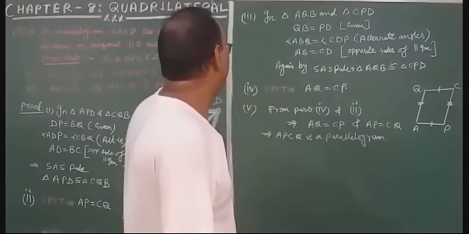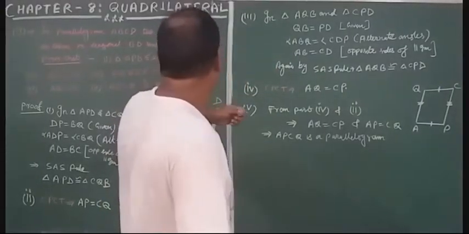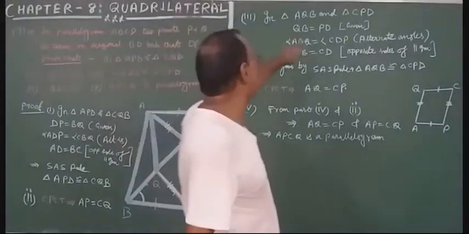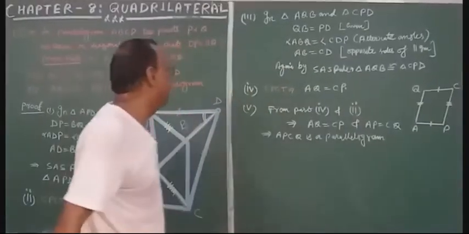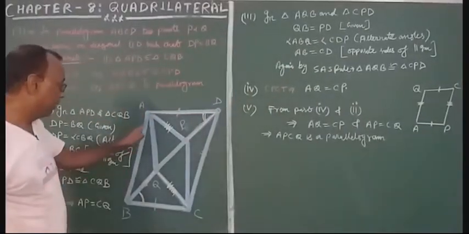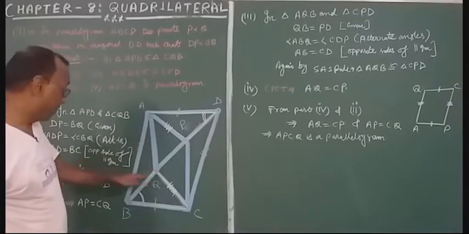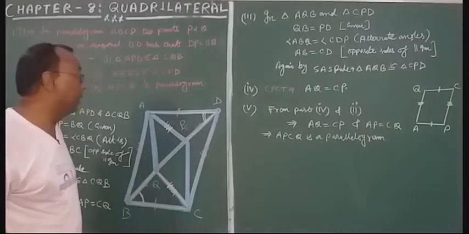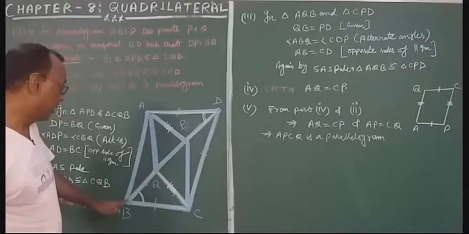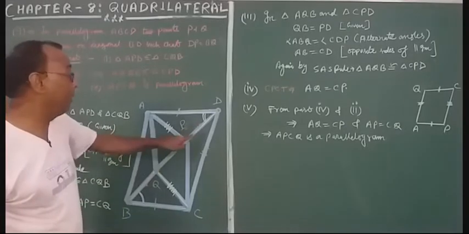Now just look at the third part of this question. In triangle AQB and CPD, what is there? It is again given BQ is equal to DP or PD.